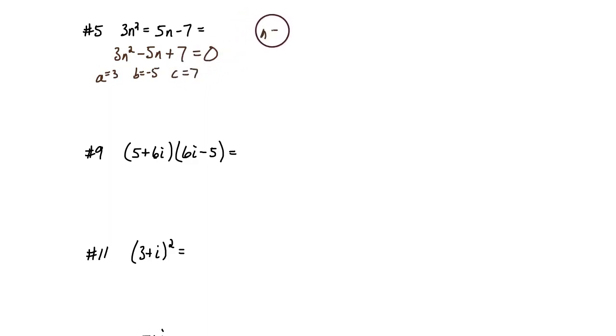So here we go. n equals negative b. That's a 5. Then plus minus square root. Okay, inside here, b squared. That's 25. Minus 4 times a is a 3, times c. That's a 7. This is all divided by 2 times a. So that's going to be a 6 down there.